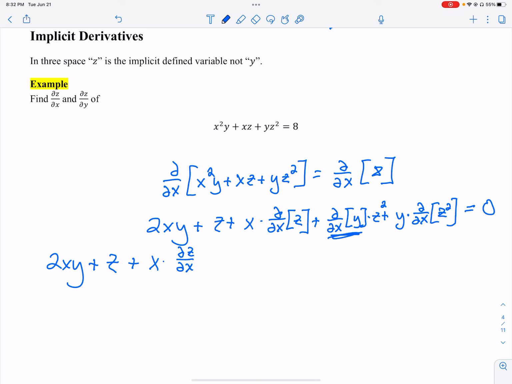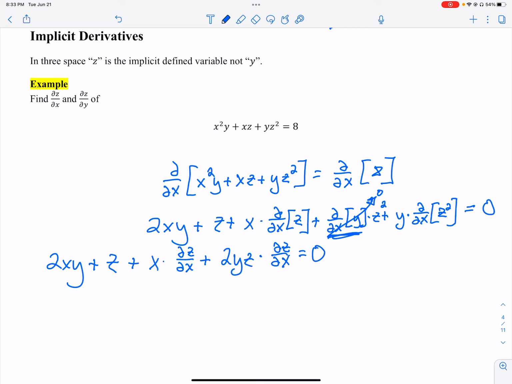This becomes the partial of y with respect to x. That's a 0, so that term is gone. All right, that went to 0, and then the last term, well, I get 2z with the derivative, so I got 2yz, and then I don't know what z is. That's the whole point, and that still equals 0.